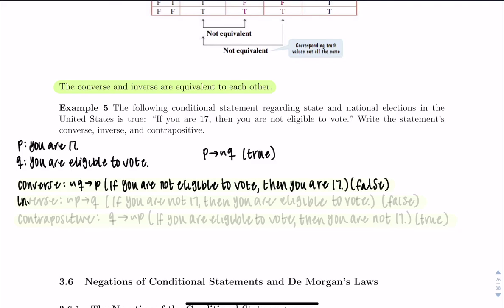Let's do the inverse. The inverse is where you just change the negation of both pieces. So that would be not P, then regular old Q. So if you are not 17, then you are eligible to vote.